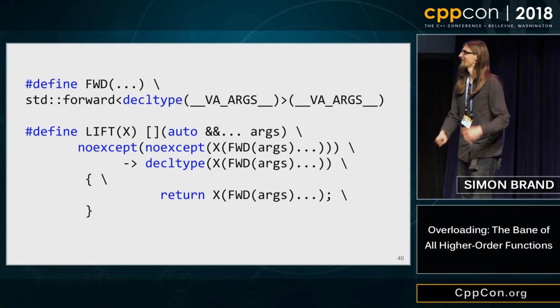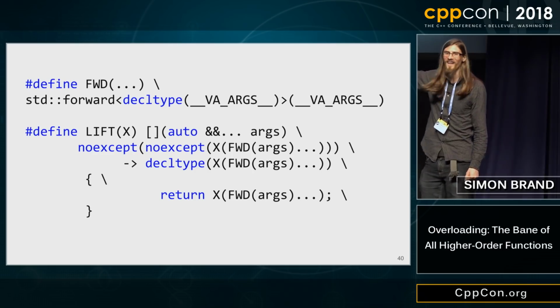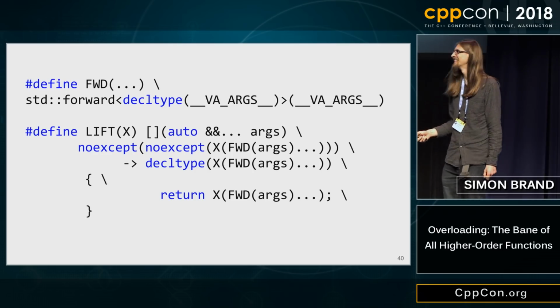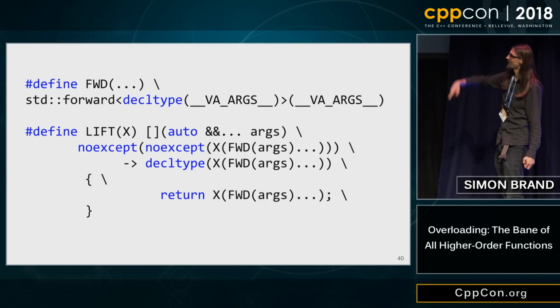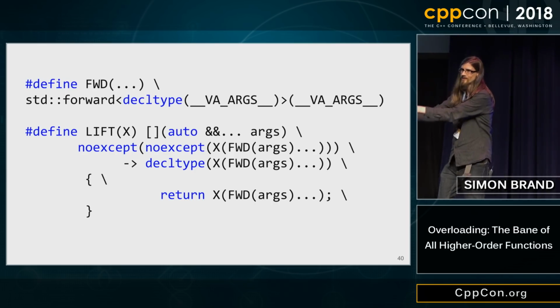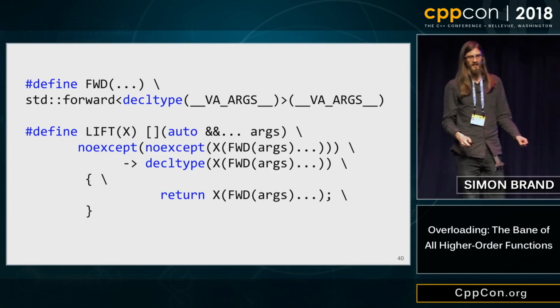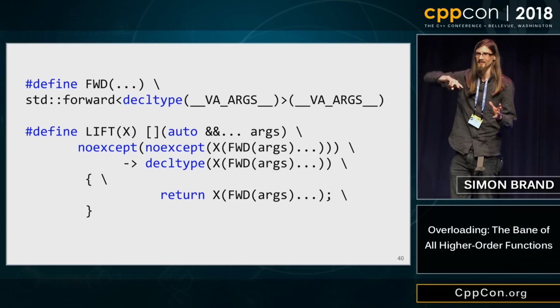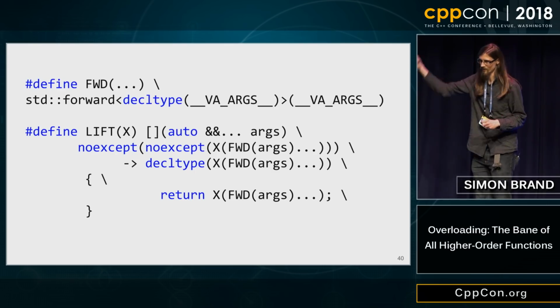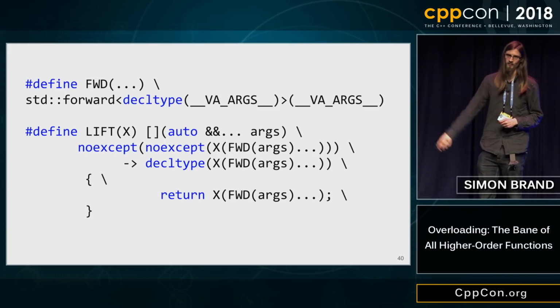If I'm giving a talk and I say use a macro, something has gone wrong. So you can do this. You could say, okay, here's a macro for forward, here's a macro to lift this name into an overload set, essentially. So this creates my lambda and does all the perfect forwarding, does the noexcept propagation, does this SFINAE on the decltype.